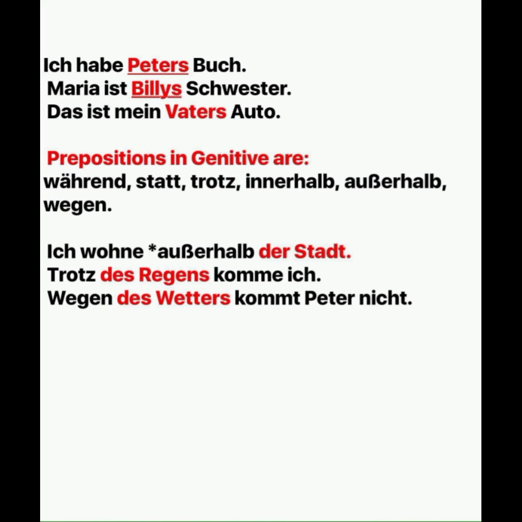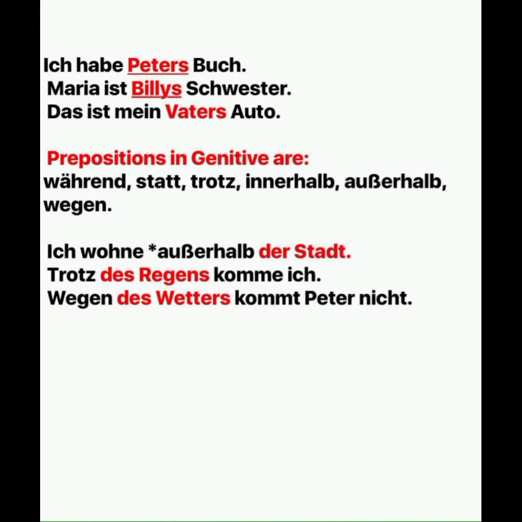And then the final bit we'll be seeing today is prepositions in genitive. So here are the prepositions that normally go with the genitive. We have während, which normally means during or while. Statt, or sometimes called anstatt, which means instead of.